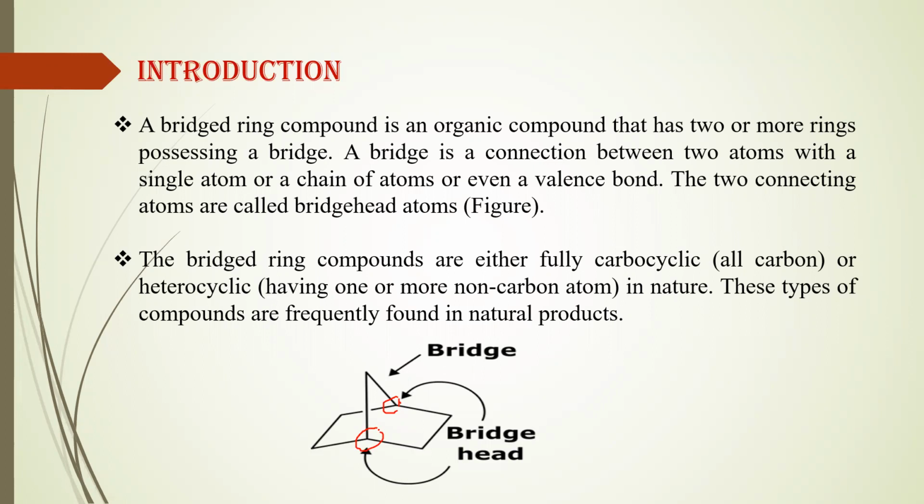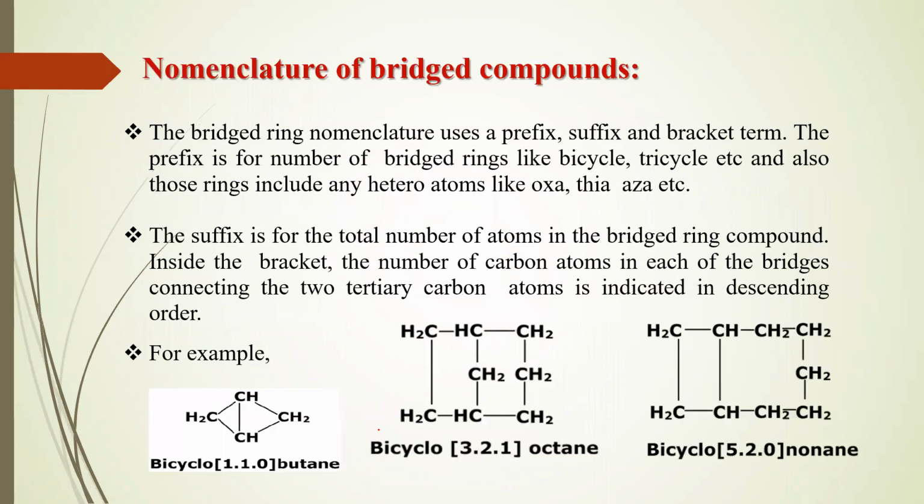The bridge ring systems are carbocyclic and heterocyclic in nature. In nomenclature, they have three terms: prefix, suffix, and brackets.